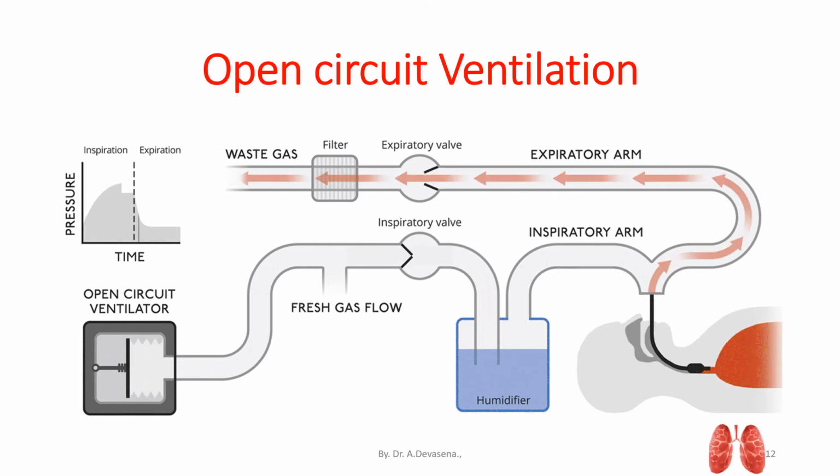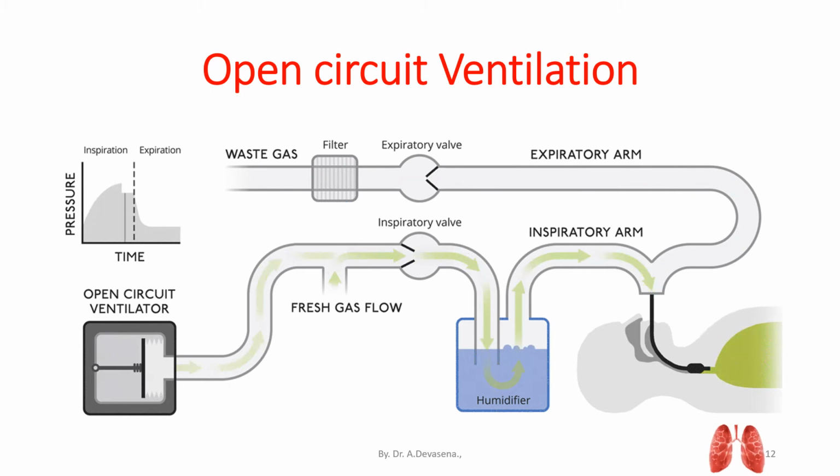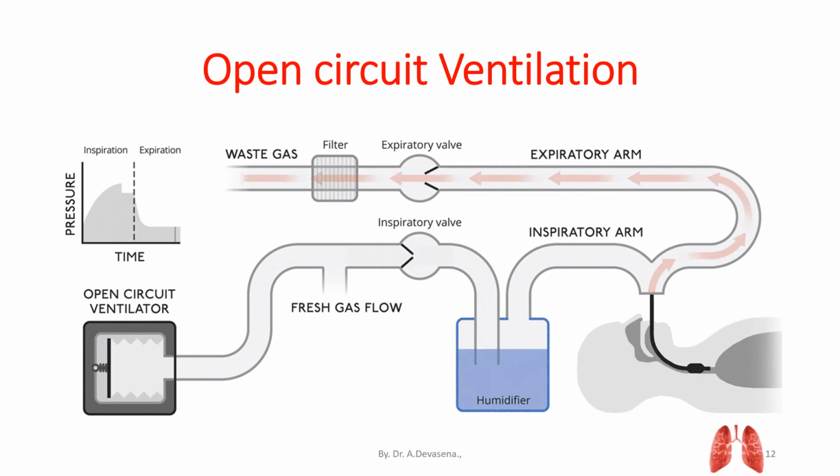From the humidifier, this fresh air passes to the patient through the inspiratory arm, and this fresh air passes through the lungs of the patient, and the expiratory arm sends the expiratory gas, that is the carbon dioxide, through the expiratory valve, and through the filter it comes out. And here the inspiration as well as the expiration graph is also represented in this diagram.